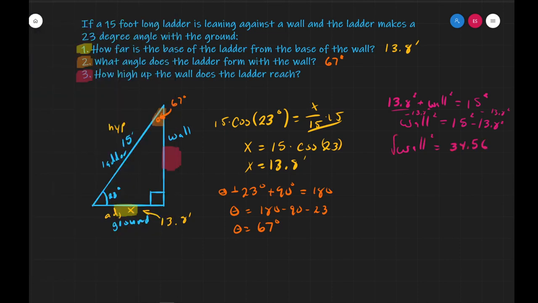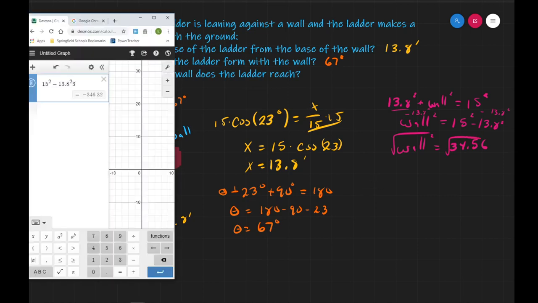Now to get rid of the square, we take the square root of 34.56.